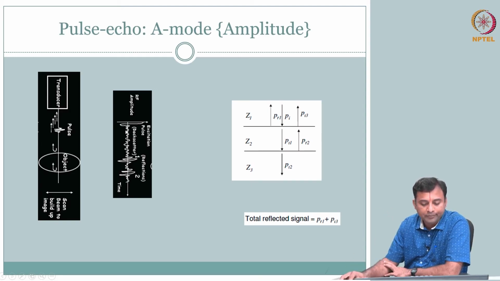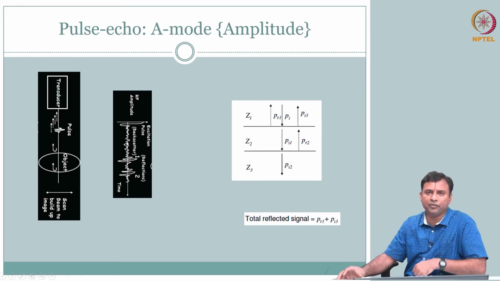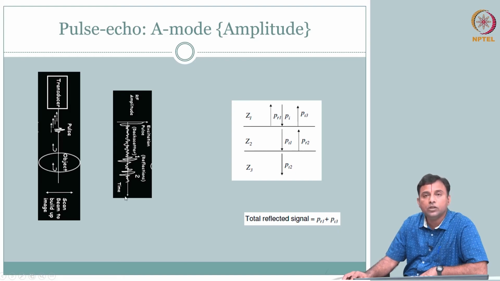You have some small signals because the material has some imperfections, so scattering happens all the time. You get some signal back, but the major echo comes back at the interface. At the next interface, you get another signal. You can clearly look at this time trace signal, or your raw signal.